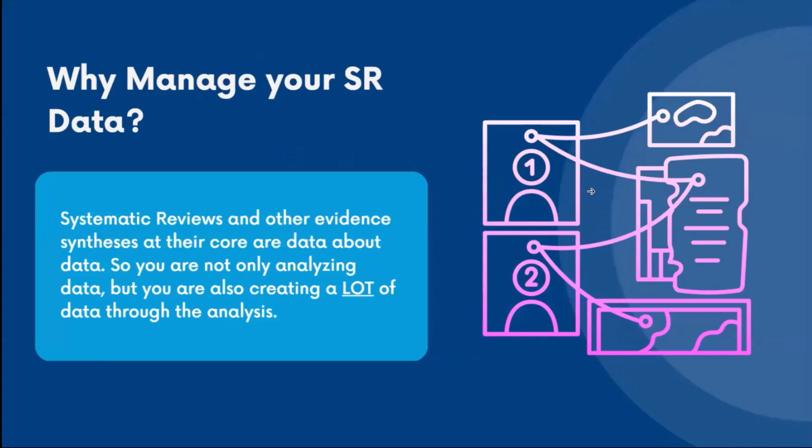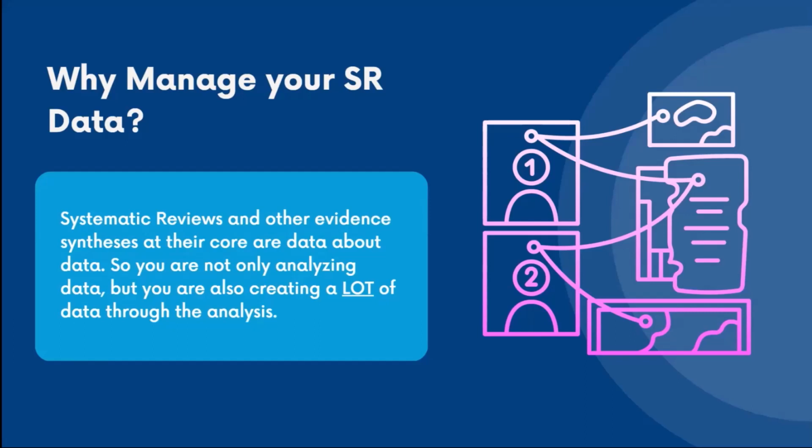But before we go into that, we're going to talk a little bit about why managing your data is actually important for systematic reviews. I think when a lot of people think about data management, they're thinking, oh, it's for my grant, it's for my research project. Do I really need to do it for a systematic review? Well, yes, because systematic reviews and other evidence syntheses such as scoping reviews, umbrella reviews, any type of these advanced reviews are at their core about analyzing data from data.